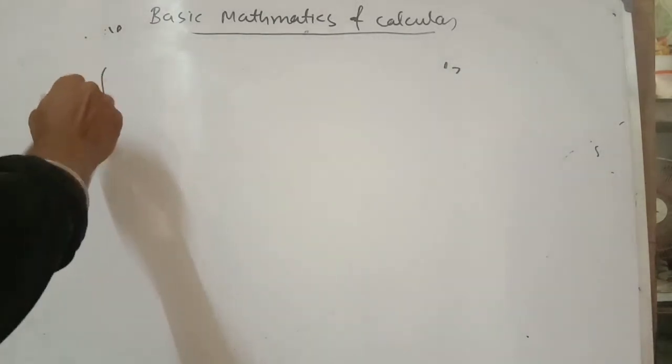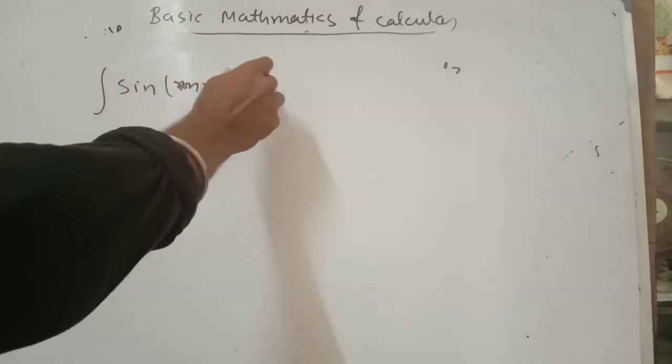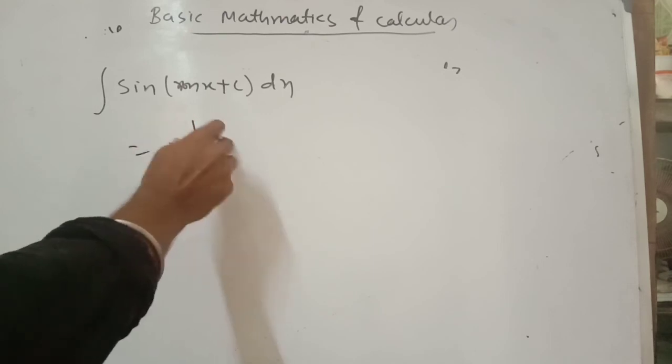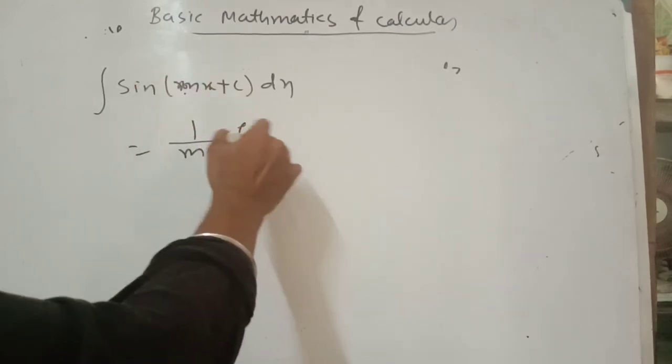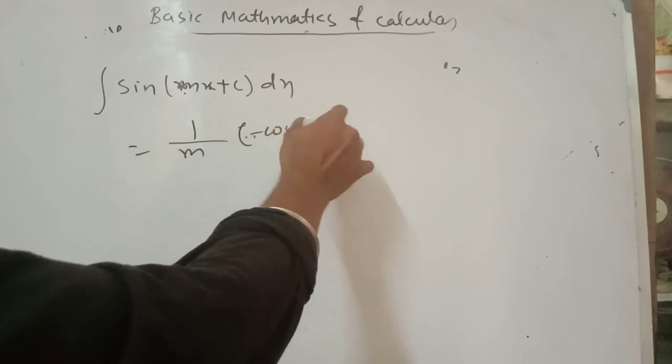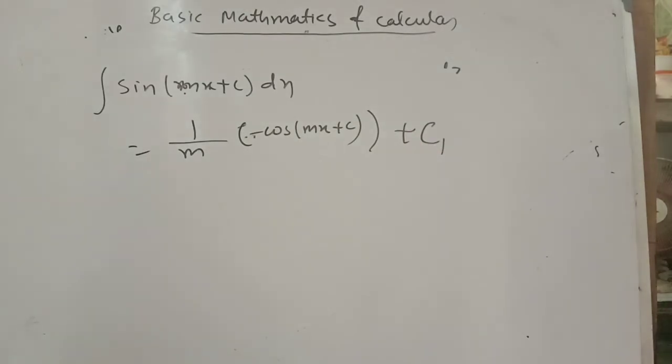So simply you can write 1 by the coefficient of x, and the integration of sin is minus cos mx, plus c, another constant.